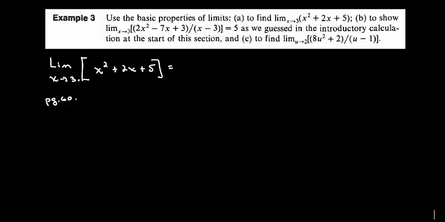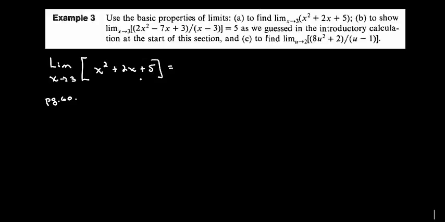So here's how it works. The first of these rules that I'm going to use is we're going to assume that each of these separate limits exists. The limit as x approaches 3 of x squared exists, the limit as x approaches 3 of 2x exists, and the limit as x approaches 3 of 5 exists. They do all exist.